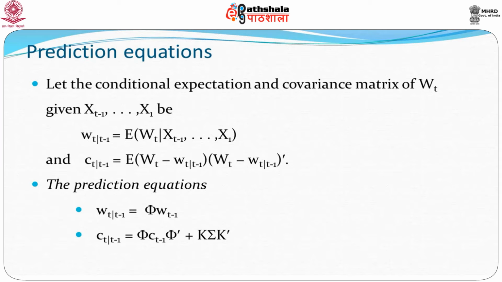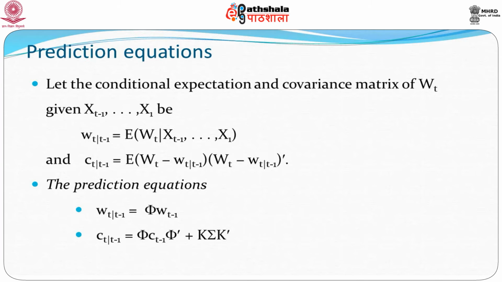So, in this case, unlike the previous one, this is the expectation of W_t given the past, and similarly you can define the covariances in this case as C_{t|t-1}. This is again based on W_t, and it is easy to see that we can write W_{t|t-1} as phi of W_{t-1}.